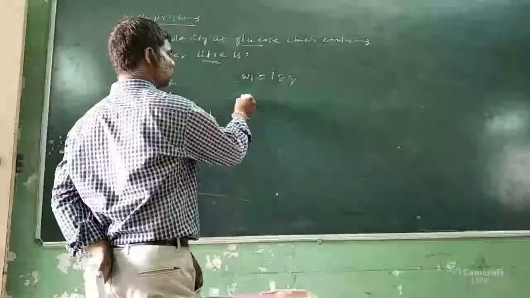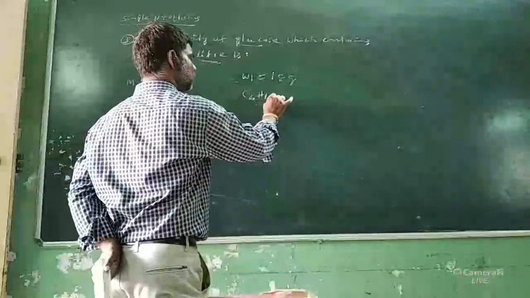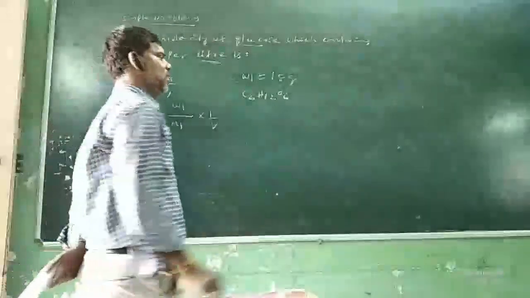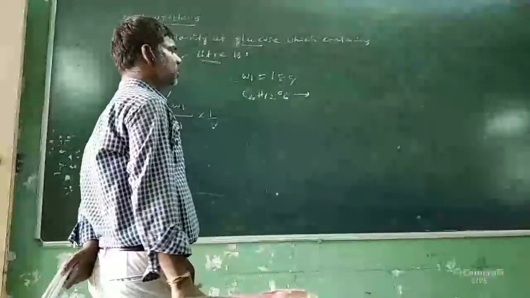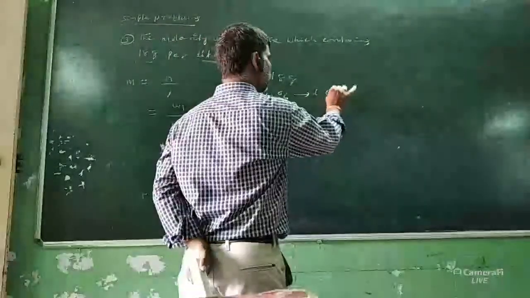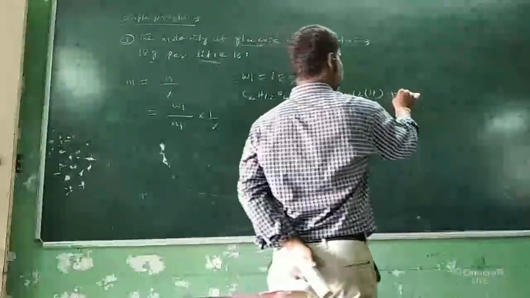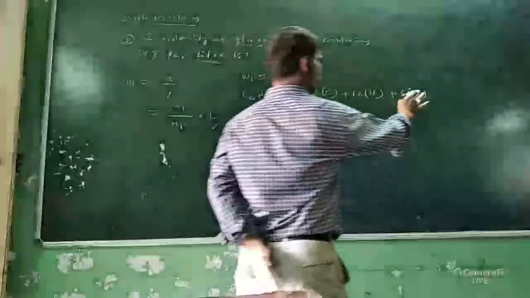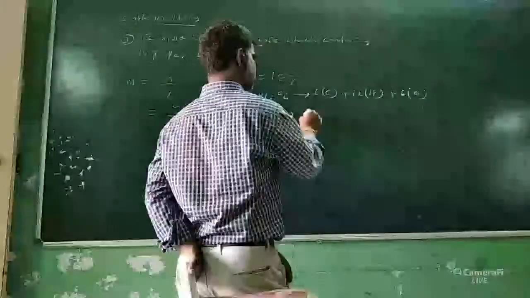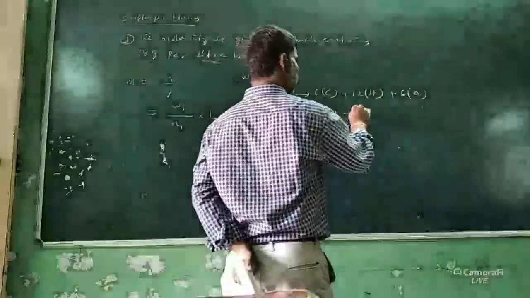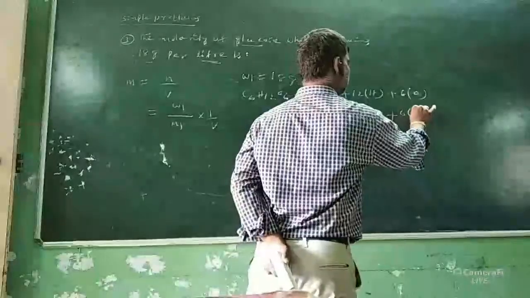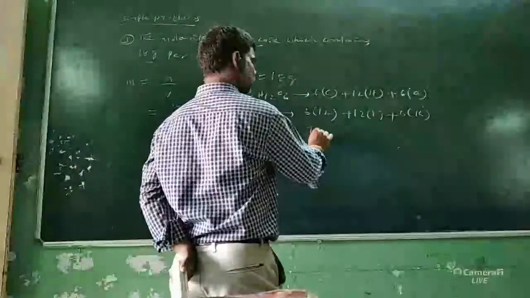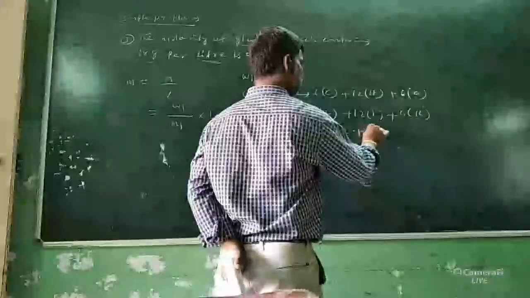The glucose formula is C6H12O6. The molecular mass of C6H12O6 is 6 into carbon 12, plus 12 into hydrogen 1, plus 6 into oxygen 16. That is 72 plus 12 plus 96, so finally we have 180.